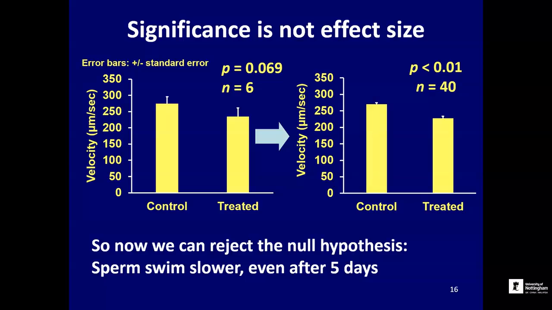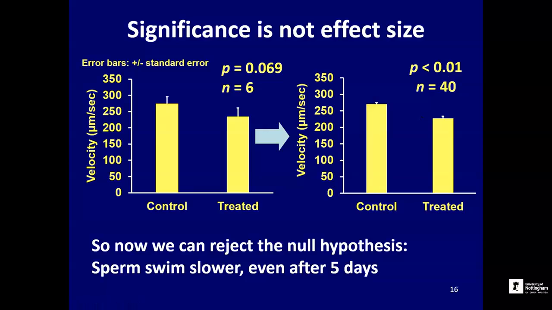Here are some data where we've gone from a sample size of 6, as was the case in the original study, which gave us a non-significant difference between the 2 treatment groups even though there was a small difference between the means. Here's what happens when we ramp up the sample size. The means have actually stayed fairly similar. The difference between the means is still about the same.